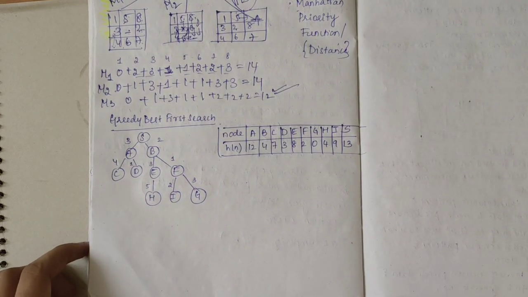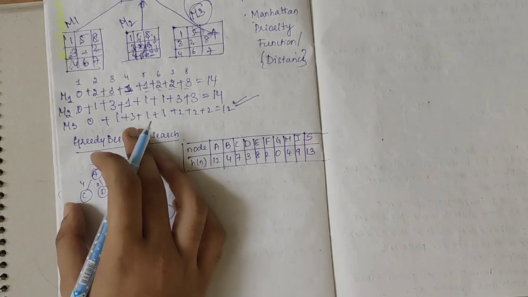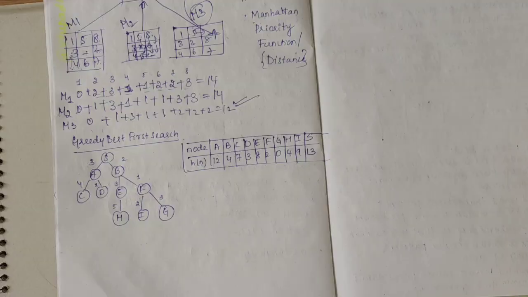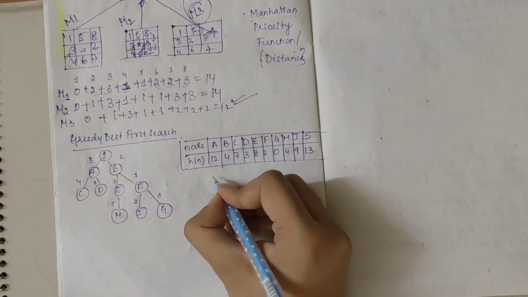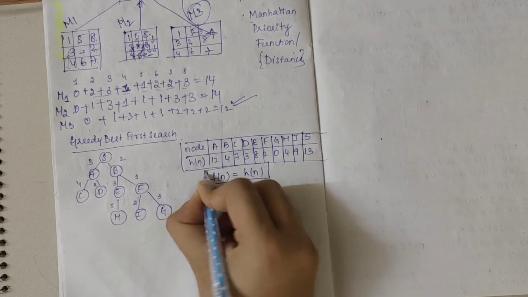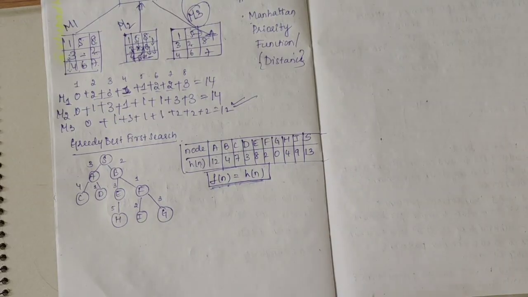In this they have given the graph here, and here the h of n values are specified. As we have seen for greedy best first search, the formula is f of n equal to h of n. So in order to perform the searching, we need to consider the f of n, the h of n values, the heuristic values.